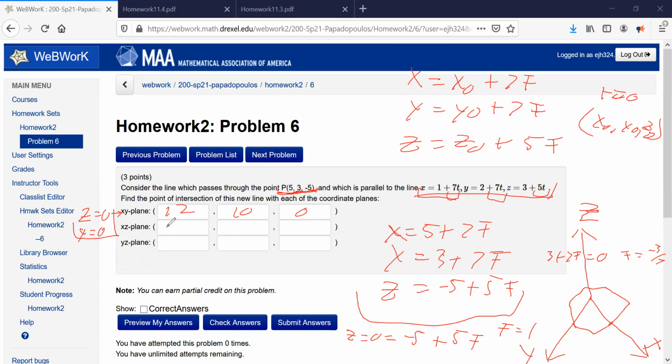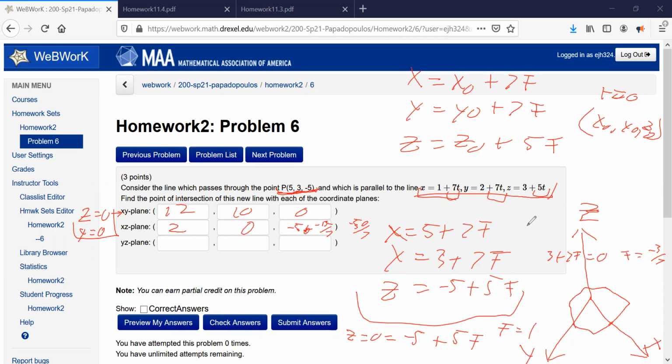When we do that, we get 5 minus 3, which is 2, 0, and then we get -5 minus 15 over 7, which is also -50 over 7, if you prefer to write it like that.